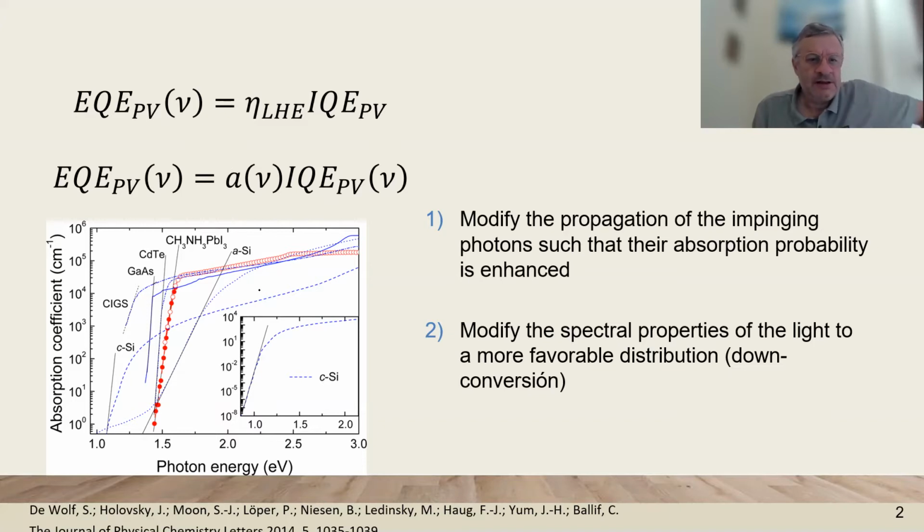Here we can see that lead-halide perovskite and gallium arsenide have high absorption coefficients, and silicon has much lower absorption coefficient, so that in the first case, with a few hundred nanometers up to 1 micrometer, it is enough to absorb the solar spectrum. But for silicon, it is a much higher length needed.